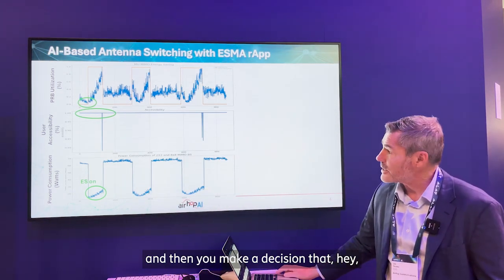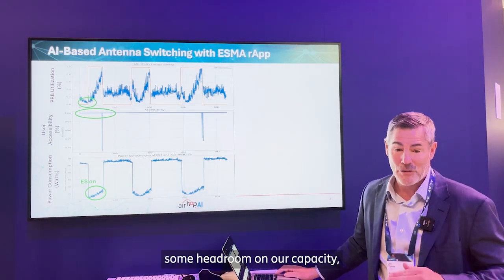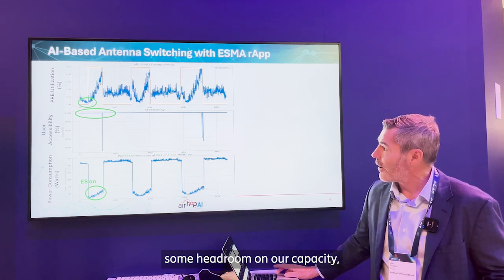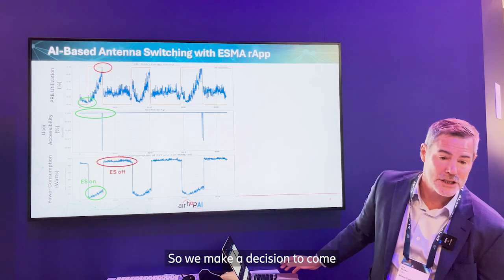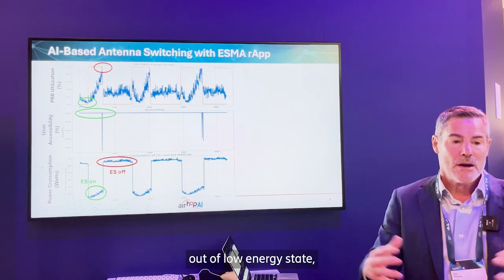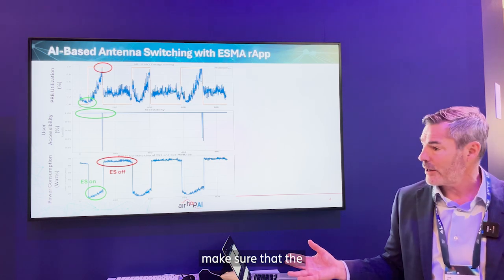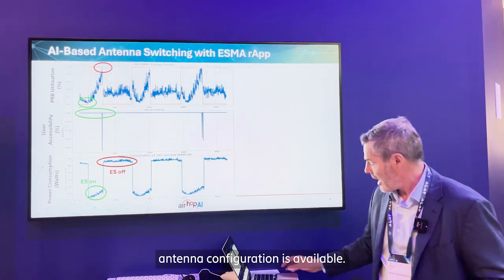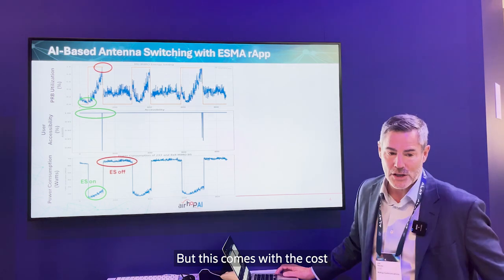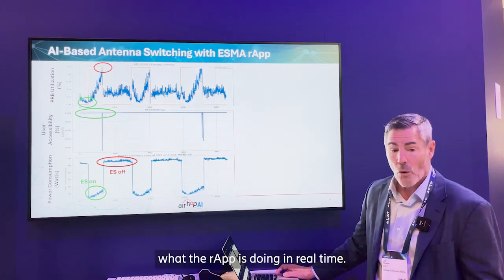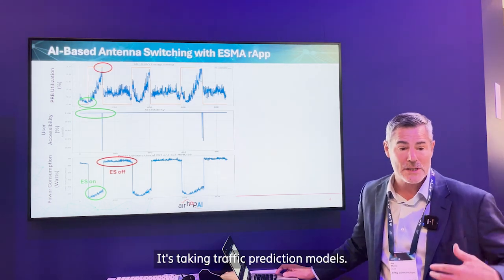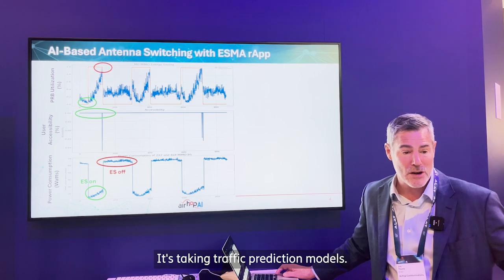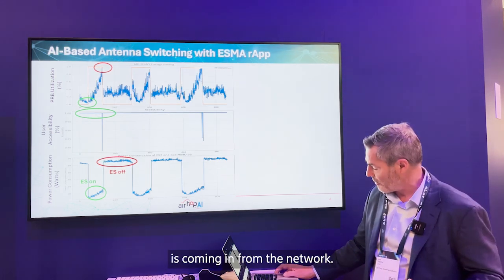And then you make a decision that, hey, we're running out of headroom on our capacity, on our PRB utilization, so we make a decision to come out of low energy state, make sure the high load antenna configuration is available, but this comes at the cost of power consumption. So this is essentially what the rApp is doing in real time. It's taking traffic prediction models, and of course the real data is coming in from the network.